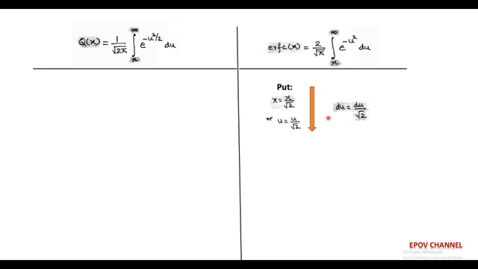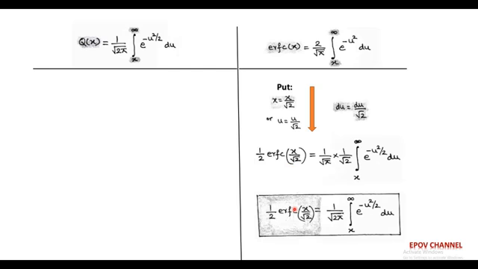Also in the expression of complementary error function, we take 2 to the left side as 1 upon 2 complementary error function of x upon root 2 and put du equals du upon root 2 in the right hand side. After this arrangement, we get 1 upon 2 complementary error function of x upon root 2, which is same as Q function of x.